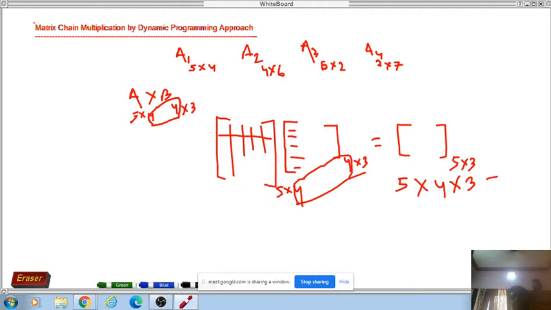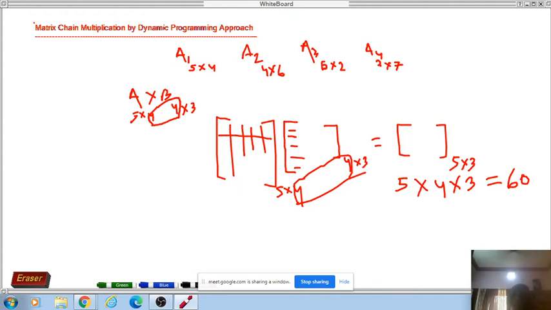The total multiplication will be 60 times. You have to perform 60 multiplications. Just imagine, that is for a simple pair of matrices of order 5 cross 4 and 4 cross 3. We will not even learn how to multiply.